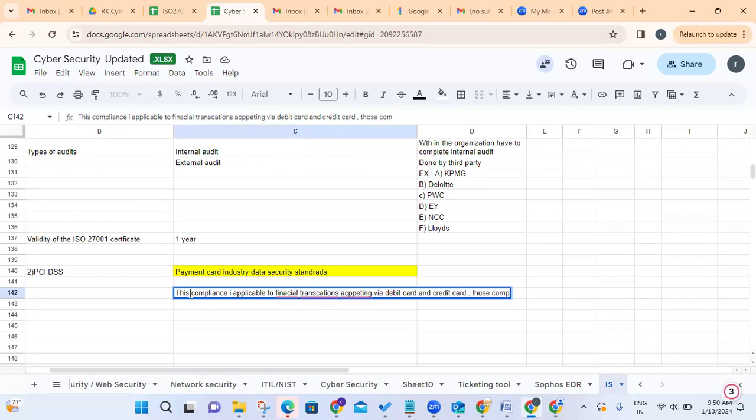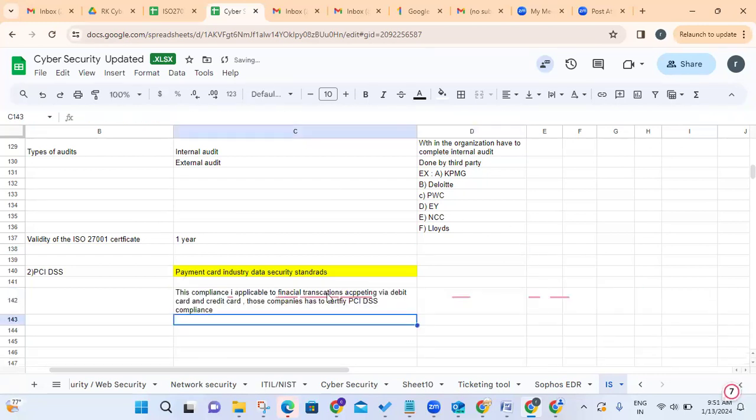Those companies have to certify PCI DSS compliance.